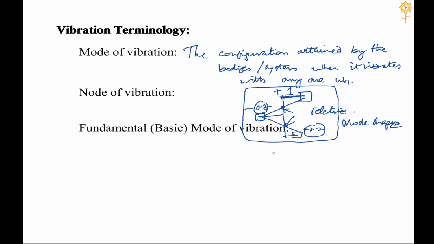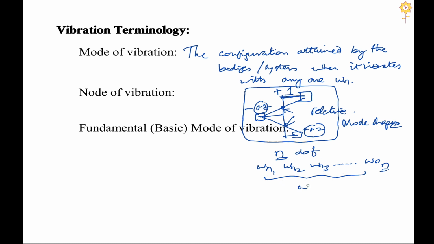Now we know that for multi-degree of freedom systems, suppose I have an n degree of freedom system, I have n number of omega n's: omega n1, omega n2, omega n3, likewise omega nn, corresponding to n degrees of freedom. All these values are constant. Once designed, they will be practically constant.